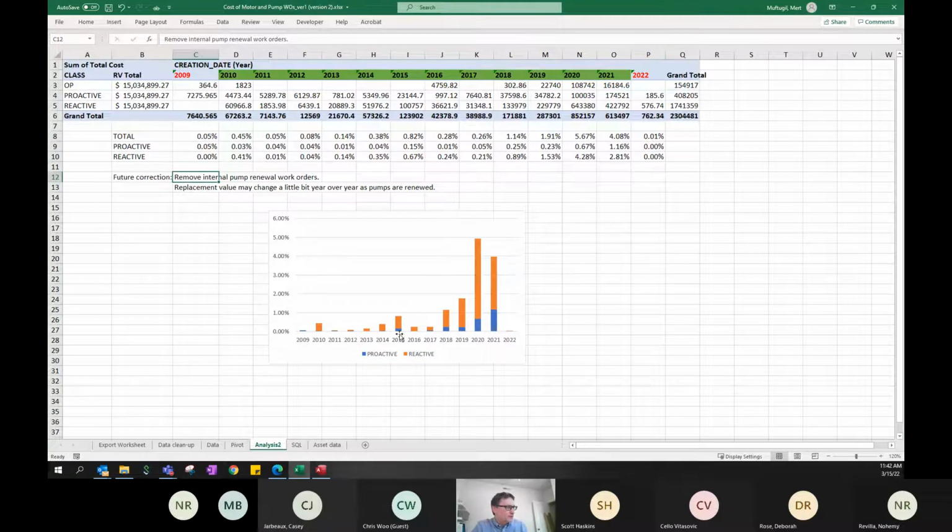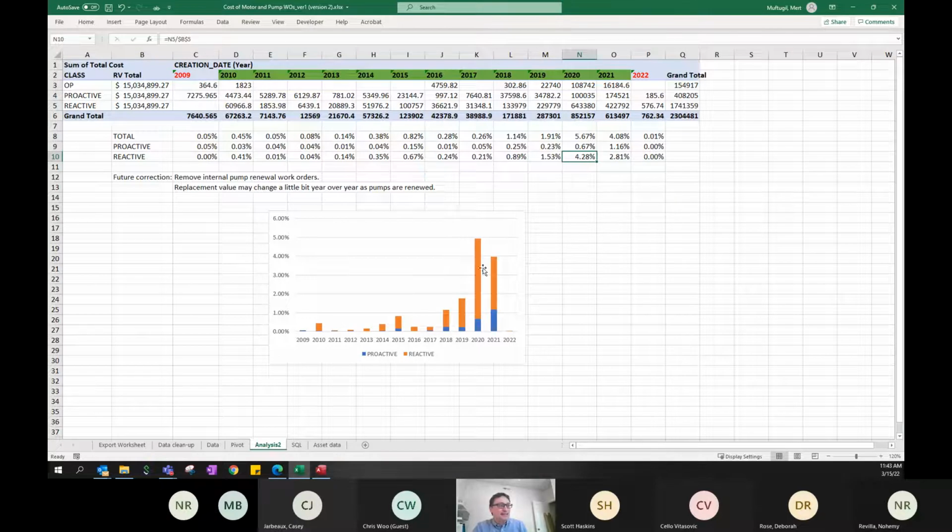And then one of the other things that you may notice is that there is a big variation, especially on the reactive side. The lowest number here is 0.01%, which is non-existent, and the highest number that we see is 4.3%. Now some of this may be coming from pump renewals, not necessarily maintenance, so I want to find a way to correct that.